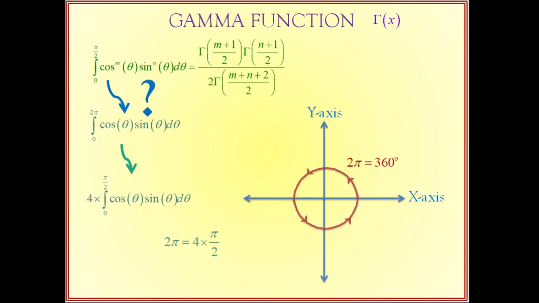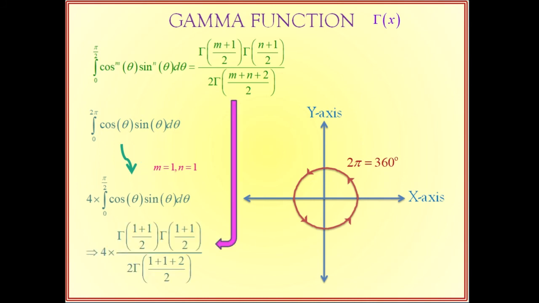Now the only part remaining for us is to apply this simple formula. Here we have m and n as 1. So what do we get? We get this. We have simply substituted the values of m and n into the formula.